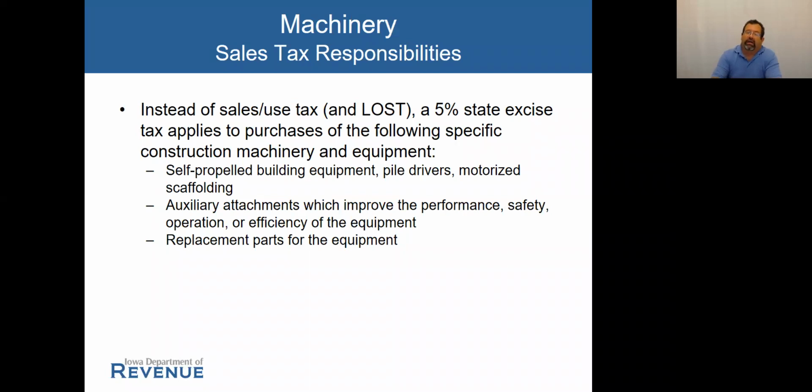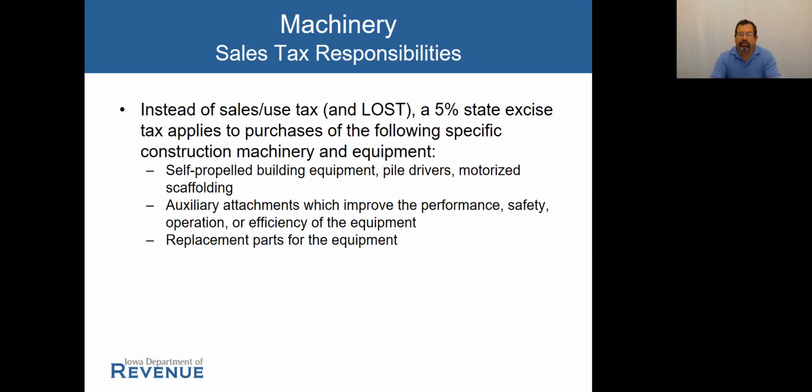Okay. For certain construction machinery and equipment, instead of a sales or use tax and the 1% local option tax, there is a 5% state excise tax on the purchase. This only applies to the following specific construction machinery and equipment: self-propelled building materials, pile drivers, and motorized scaffolding.